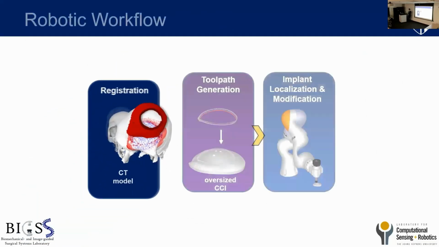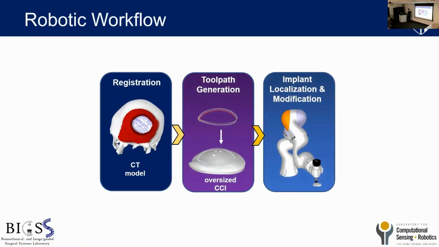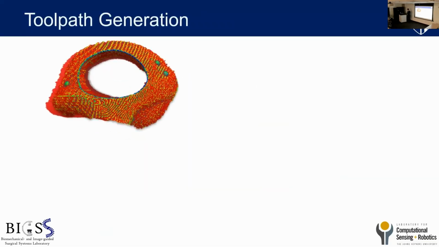And once we register the defect model to the CT, we can use the defect model to generate a cutting toolpath. First, for generating the cutting toolpath, we apply a curvature filter to the defect model to filter all the edges around the defect.